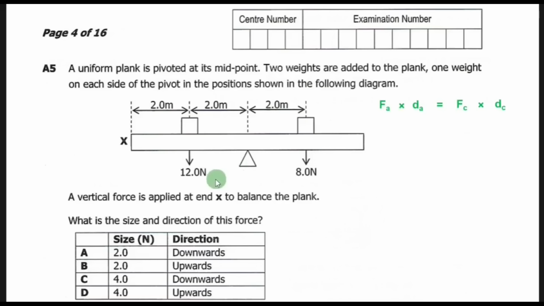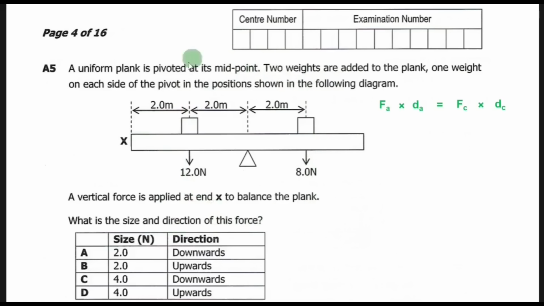So we have these forces here. A clockwise moment is the rotation which can make this plank rotate in the clockwise direction, like the direction the clock rotates. An anticlockwise moment is that rotation which causes it to rotate in the opposite direction.